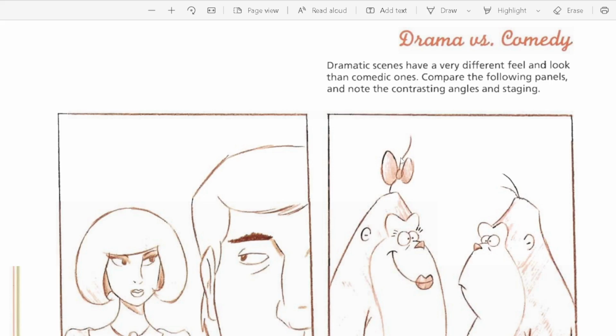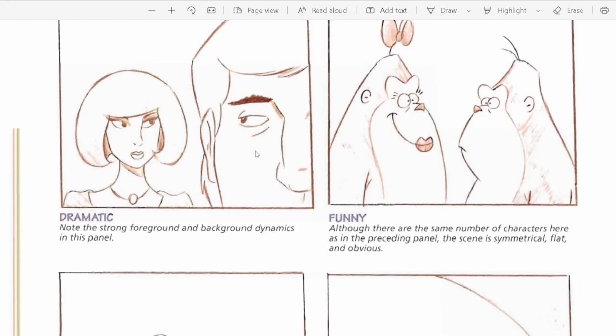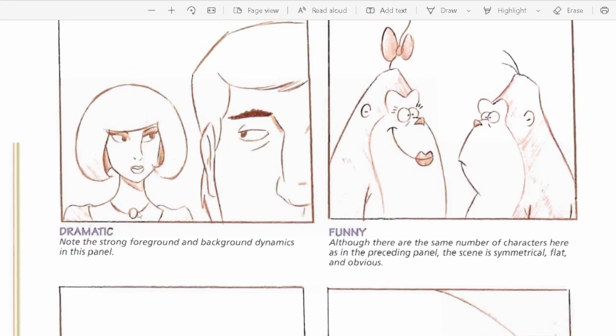Compare the following panels and note the contrasting angles and staging. Dramatic: note the strong foreground and background dynamics in this panel. Funny: although there are the same number of characters here as in the preceding panel, the scene is symmetrical, flat, and obvious.